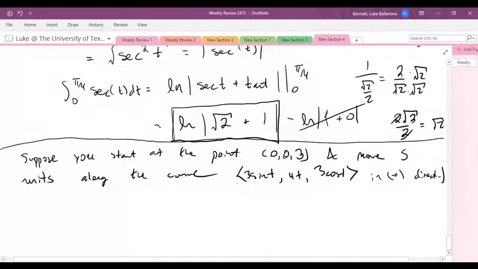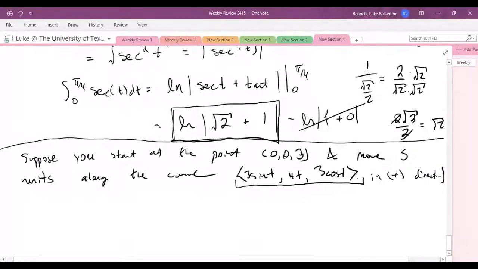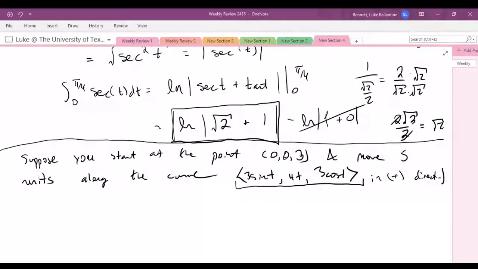So first of all, what is the shape of this curve? Another helix.